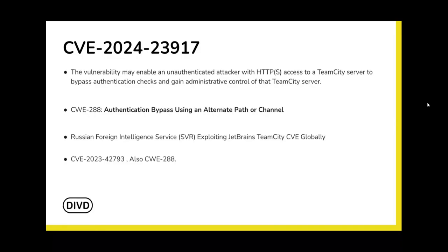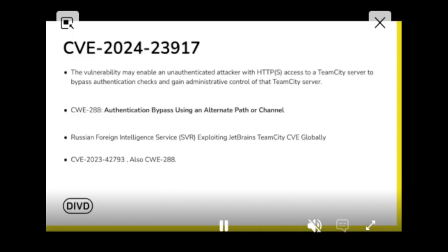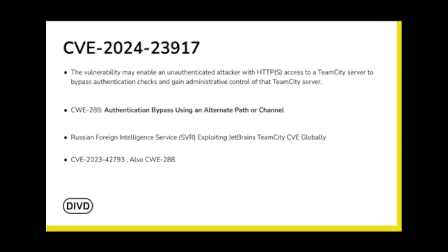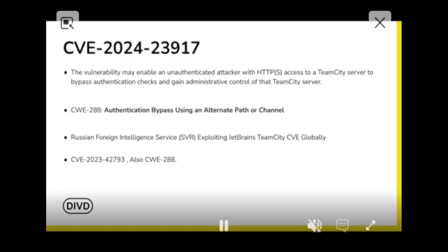And if you look into the classification, we have the so-called CWEs, the kinds of problems that can arise in applications. The one that was in the documentation for this CVE was a so-called authentication bypass using an alternative path or channel.